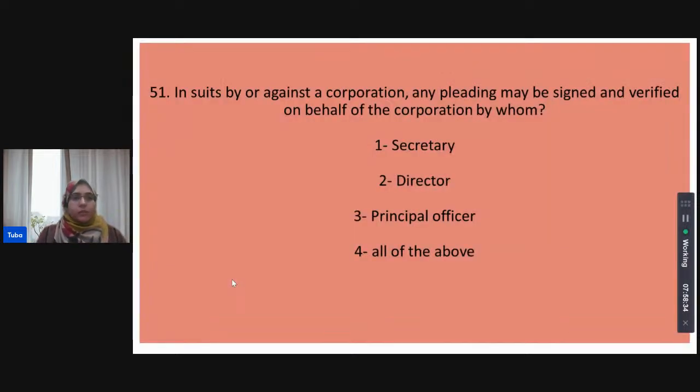Question 51. In suits by or against a corporation, any pleading may be signed and verified on behalf of the corporation by whom? By the secretary, by the director, by the principal officer, or all of the above. What is correct here?